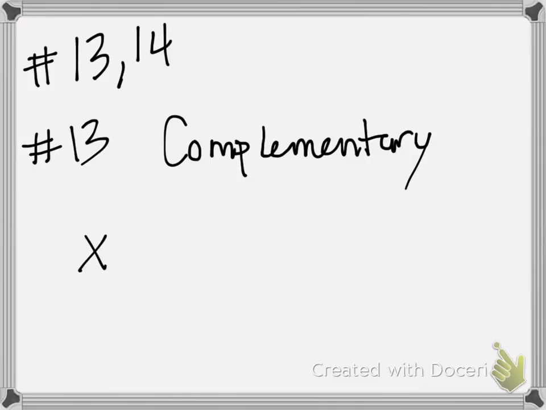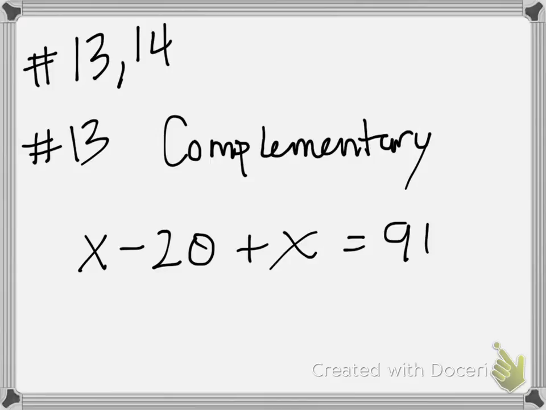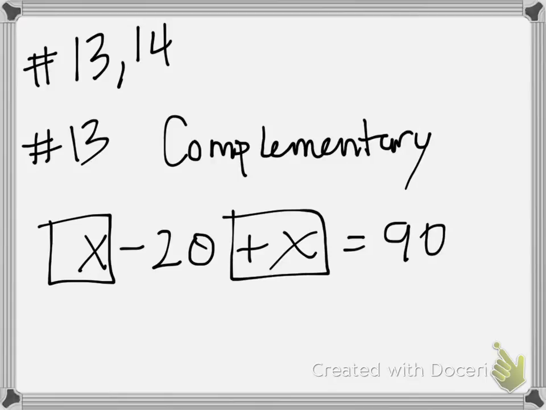So I have x minus 20 as the first angle, plus another x equals 90. First of all, on this one I'm going to combine my like terms. I have an x here and an x here. So x plus x is 2x. So it's 2x minus 20 equals 90.